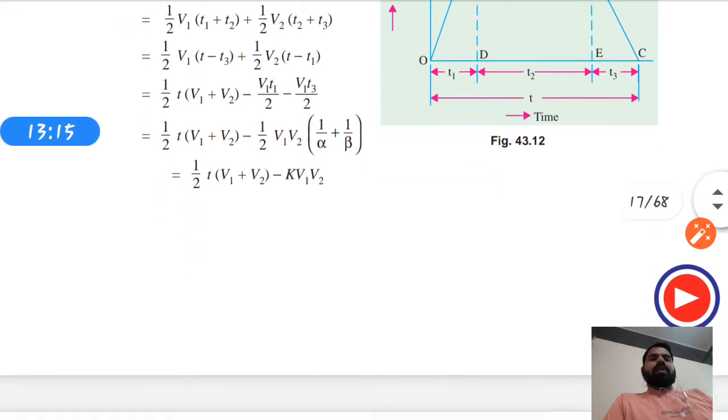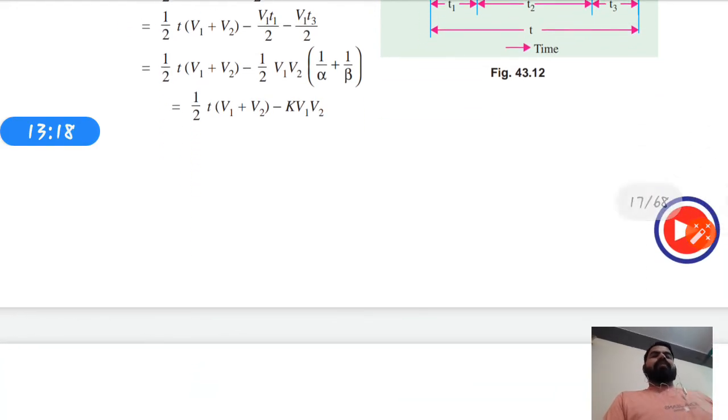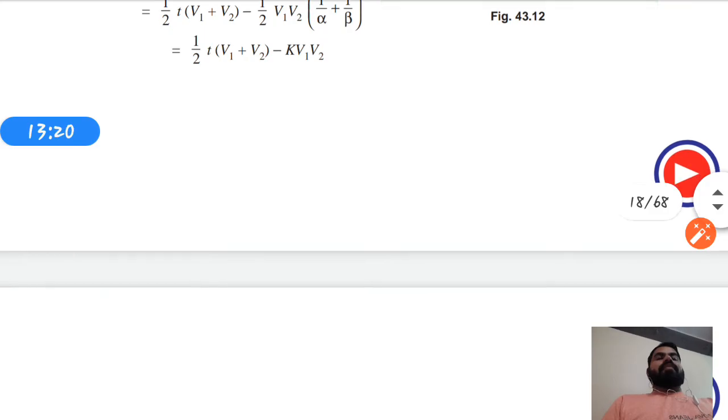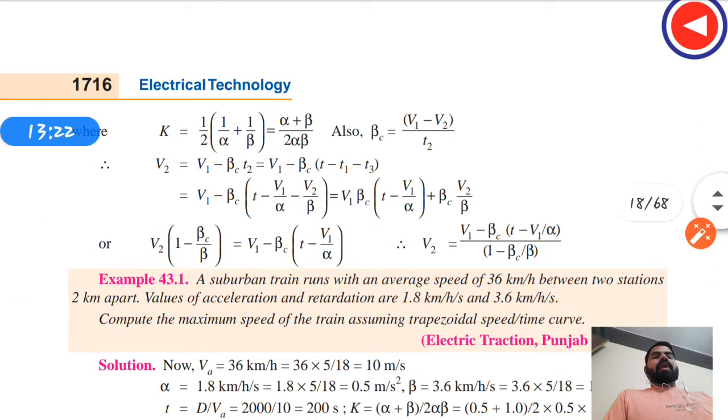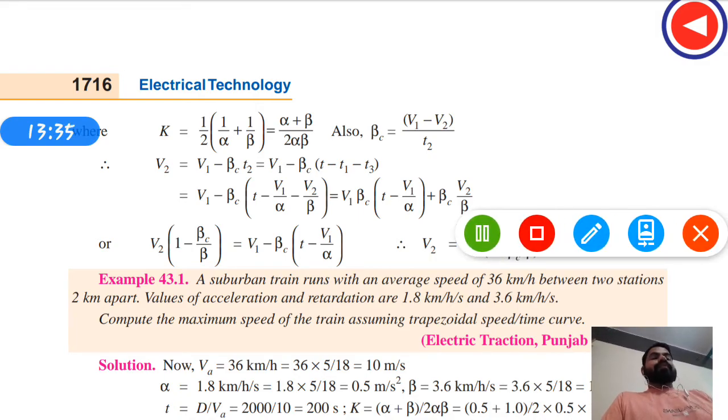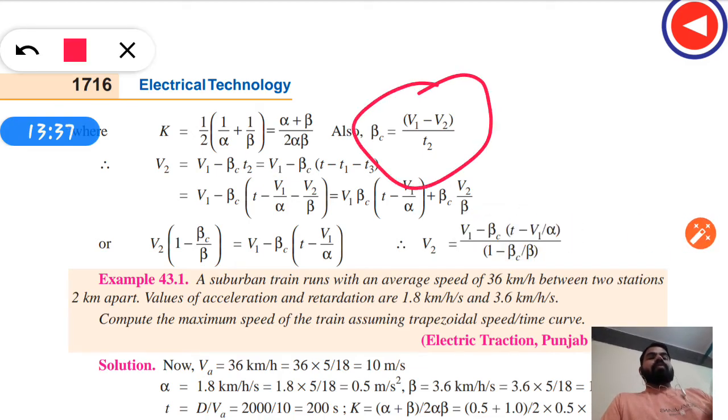Then we will get 1 upon 2 T (V1 plus V2) minus K V1 V2, okay. From here we can get the value of K, which is 1 upon 2 (1 upon alpha plus 1 upon beta), and also beta C is equal to (V1 minus V2) upon T2, okay.